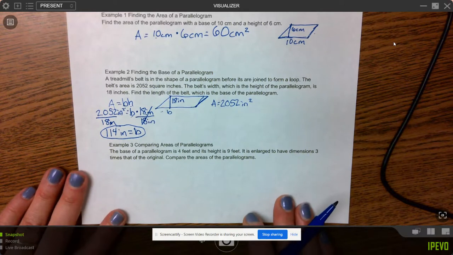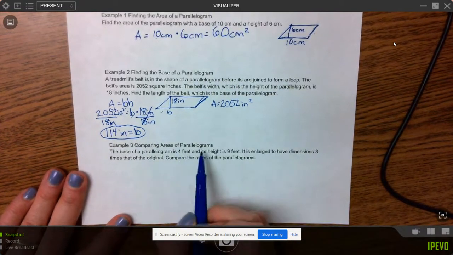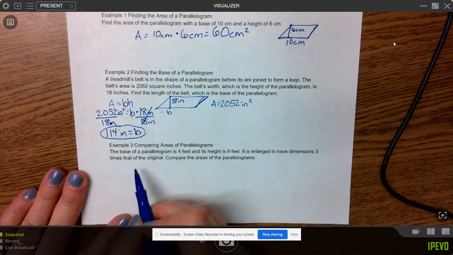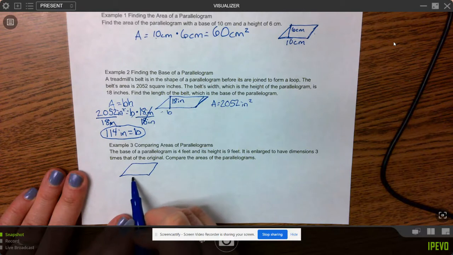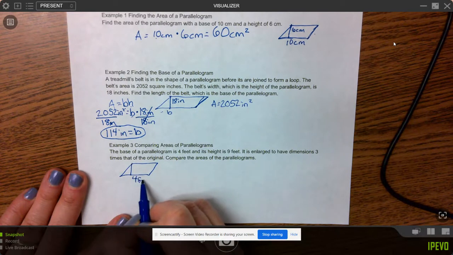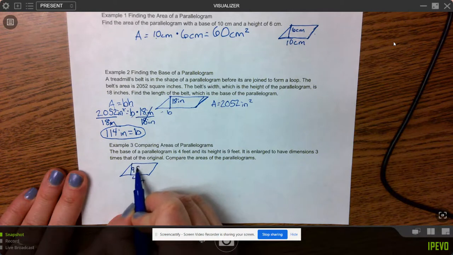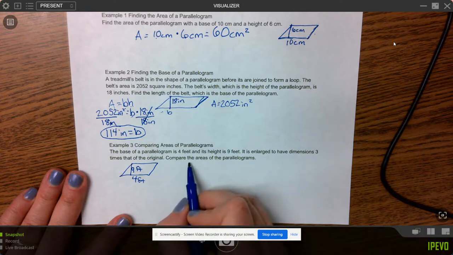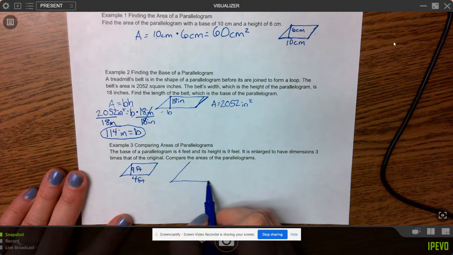Then we have comparing areas of parallelograms. The base of a parallelogram is 4 feet. So here's my parallelogram. The base is 4 feet, and the height is 9 feet. It's enlarged to have dimensions 3 times that of the original.